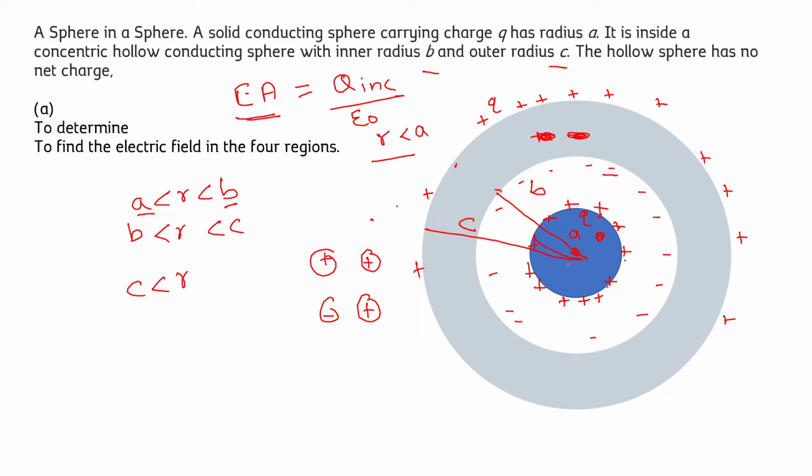So there are two conditions: R less than A, and R between B and C. In these two conditions, the electric flux is not present, so the electric field at those points will also be 0. And for the portion outside C, electric flux is present, so we can calculate the value of the electric field.